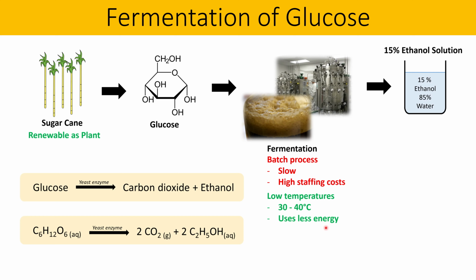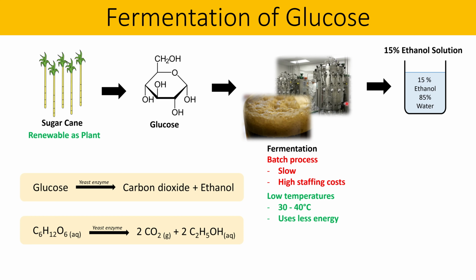This will use less energy overall, but a key disadvantage of this process is it only produces 15% ethanol solution. In other words, the solution you get out of this fermentation reactor is not pure ethanol. So if you're intending to use that ethanol as a fuel, you're not going to be able to use it because it's contaminated with 85% water.